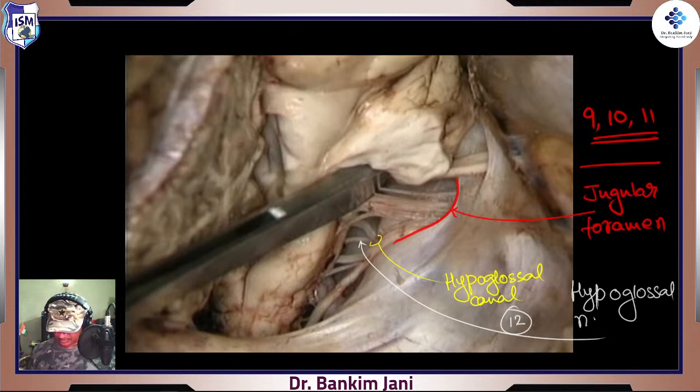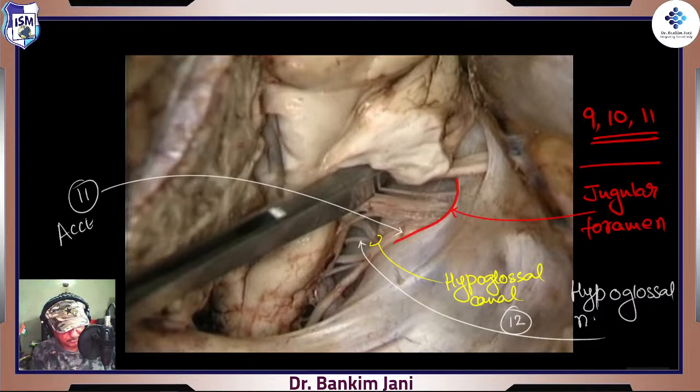First, it was 12. So let's figure out where is 11. That is 11. All the way it is coming from down, and this figure is becoming messy. Let's write on the other side. Yeah, this one would be better. So this is 11, accessory.